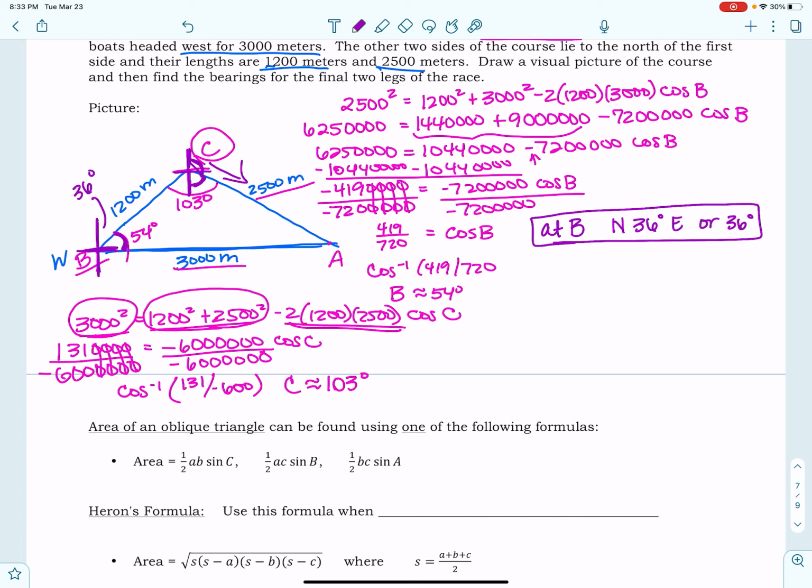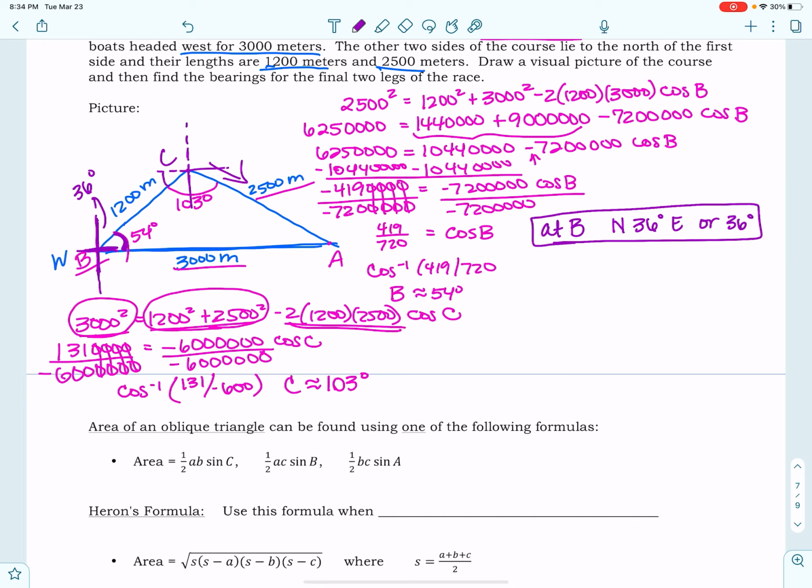So let me erase all this so you can see what's going on. All right, so here we've got our XY coordinate plane just drawn in, and this is C. What we have to do is use our rules for parallel lines again, just like we did on that other problem.